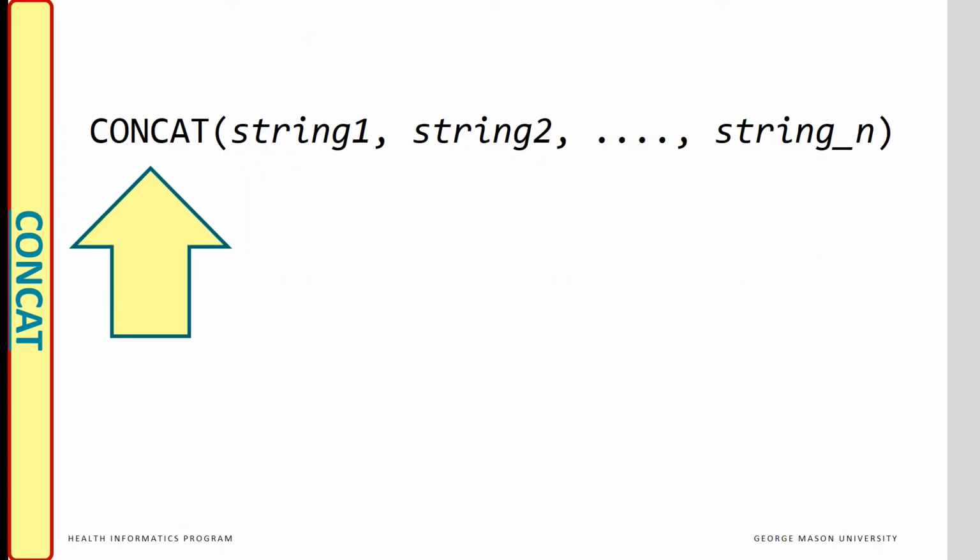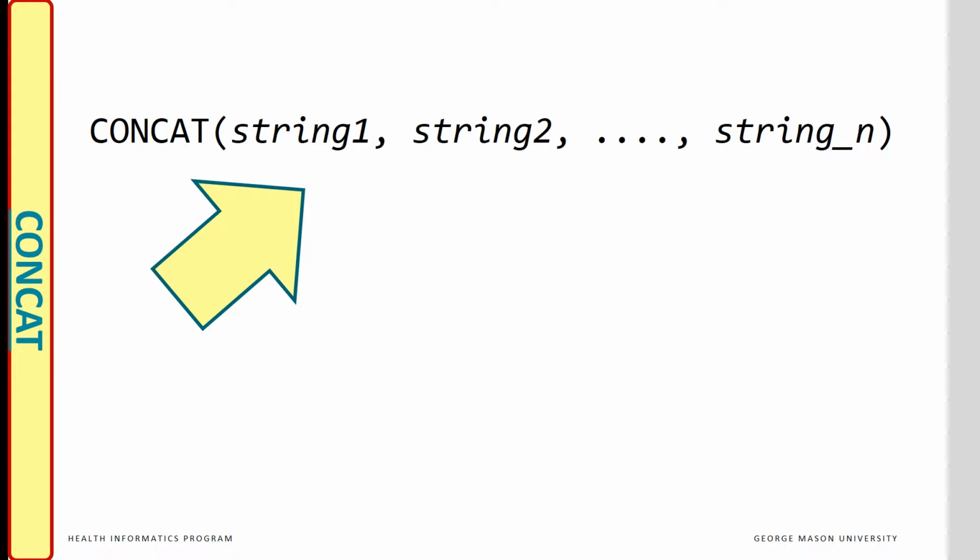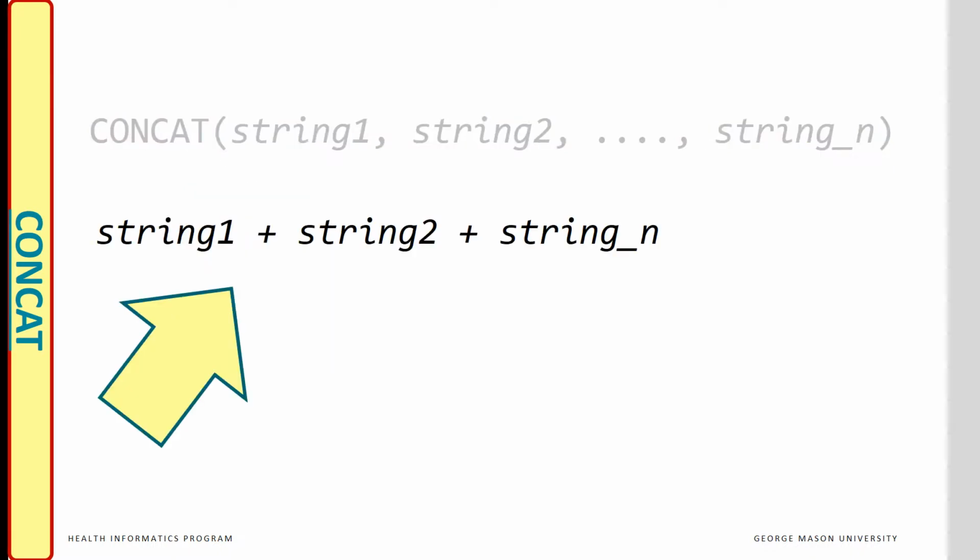The syntax of the CONCAT function starts with the reserved word CONCAT. The parameters are specified in parentheses as columns of strings separated by commas. Alternatively, one could simply write the strings and put a plus sign between them.